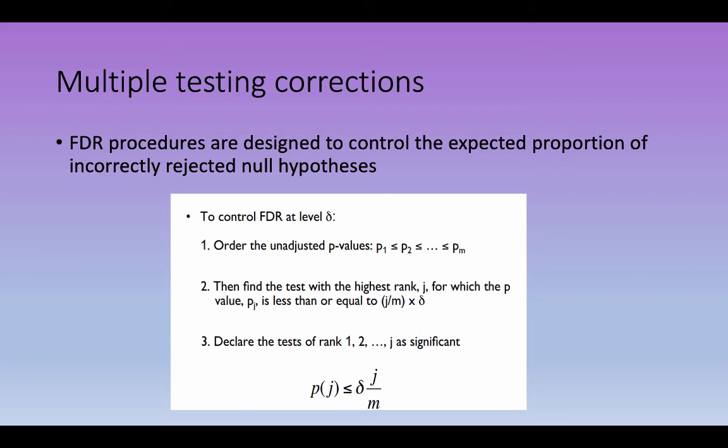And so what this says is that at some value, 1%, 5%, 0.1%, whatever it is, there's going to be a certain number of tests that are significant that are really not significant. And what this says is, let's rank these results by our p-values and we'll get rid of the ones that are the largest p-values.